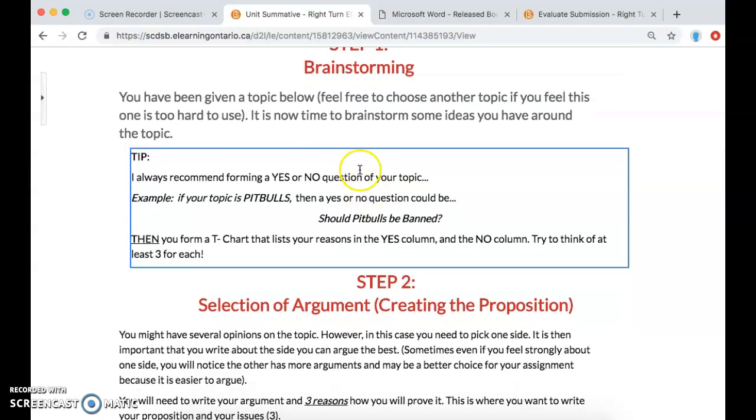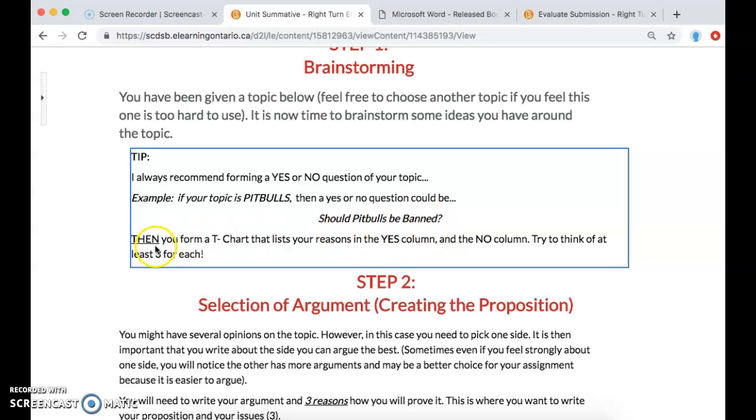So, as an example, when you brainstorm some ideas you have around the topic, what I always recommend for students is try to form a question about your topic that can have a clear yes or no answer. So, for example, if your topic is going to be pit bulls, I chose this as an example because I know you like dogs, then a yes or no question could be, should pit bulls be banned?